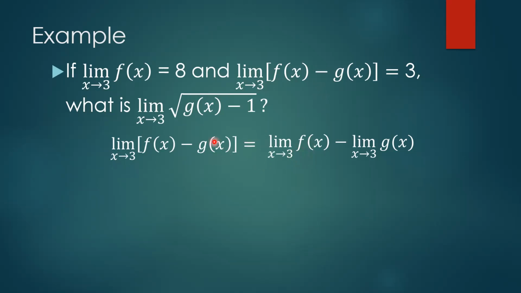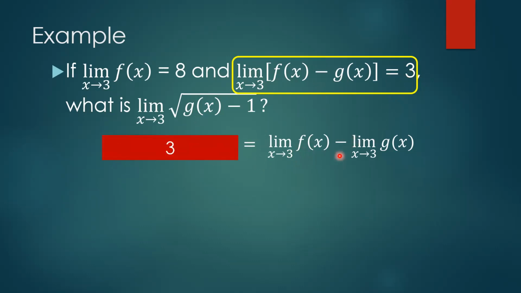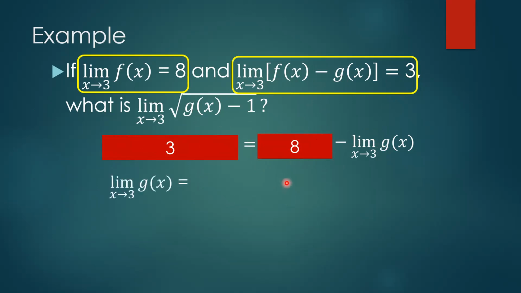We can represent this as a single number 3 using this given. So replace natin siya. Same as this one, no? This is replaceable by 8. Yan. So yung limit na to, make it positive, we move it to the other side. Okay, so itong 3 na lang yung lilipat. So that would be 8 minus 3, which is 5.